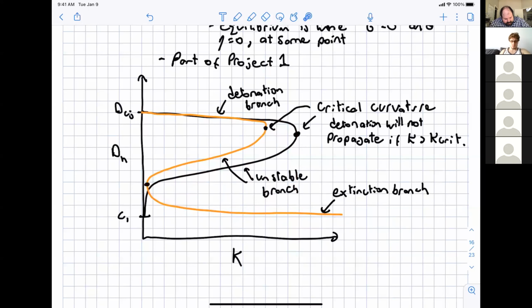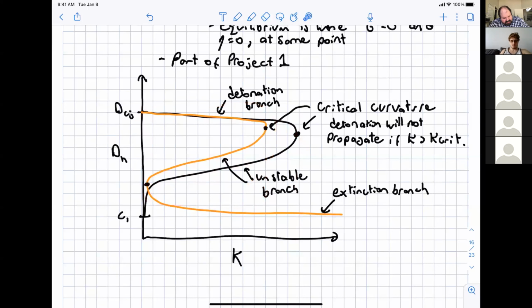And then after we get to this point here, we jump back up to the detonation branch. And so this basically predicts detonation propagation, extinction, and ignition cycles. And so it's actually fairly interesting.